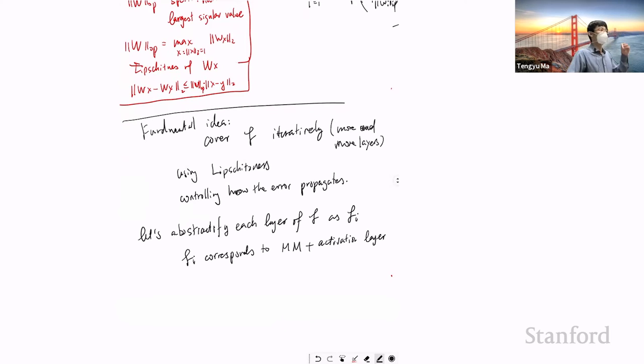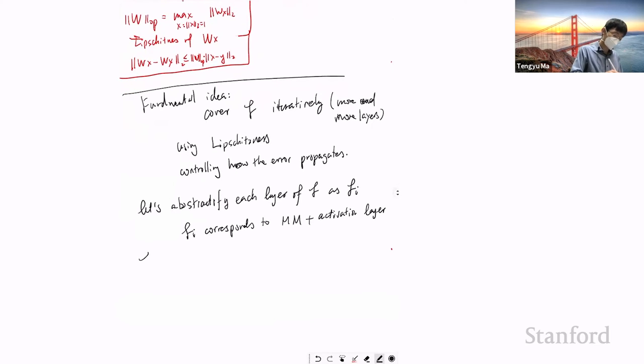Then you can consider f as this composition of fr with fr minus 1, and so on. For every layer, you can choose your weight matrix, and then you compose all of this function class. This means you're looking at fr composed with fr minus 1, down to f1, where each fi is from the family of capital Fi.